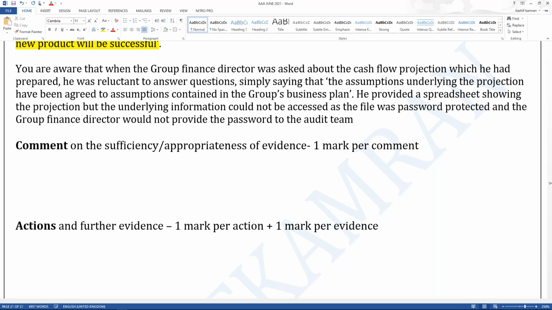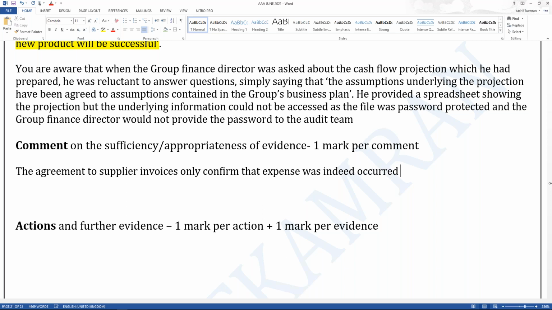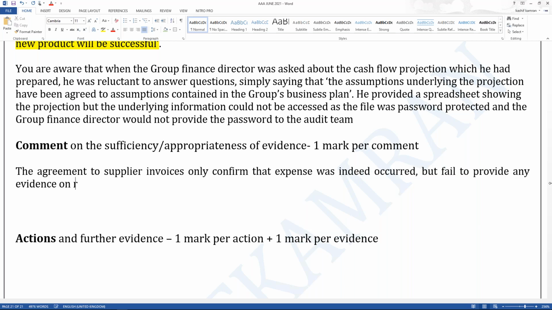In the first comment, you write the agreement to supplier invoices only confirm that expense was indeed occurred, but failed to provide any evidence on the bifurcation of research cost and development cost within the $600,000.